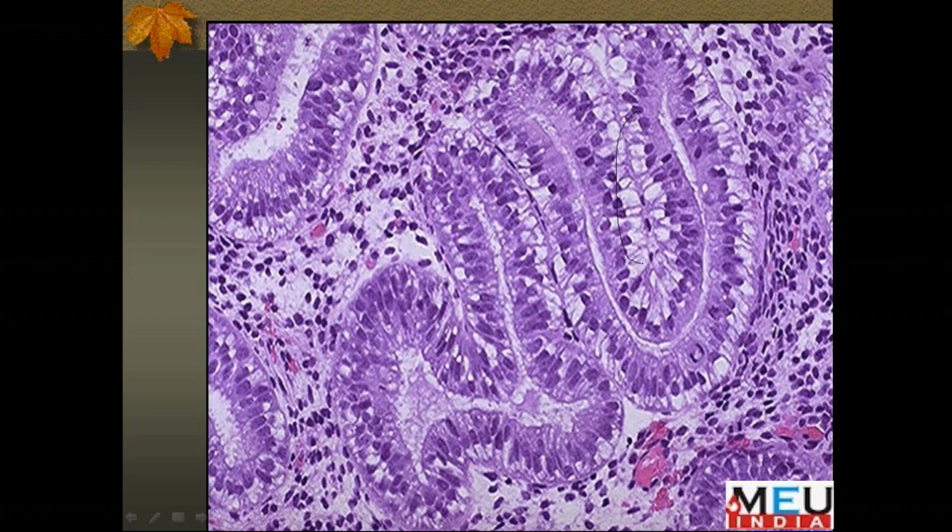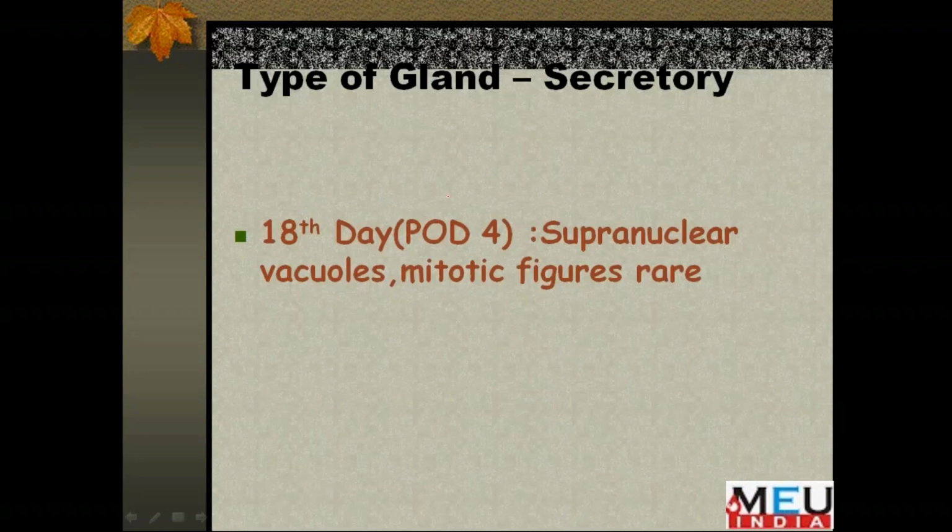So these are the secretions inside the glands, more glands with secretions, and gradually the mitotic figures disappear, and the endometrium assumes that the ovum is already there.